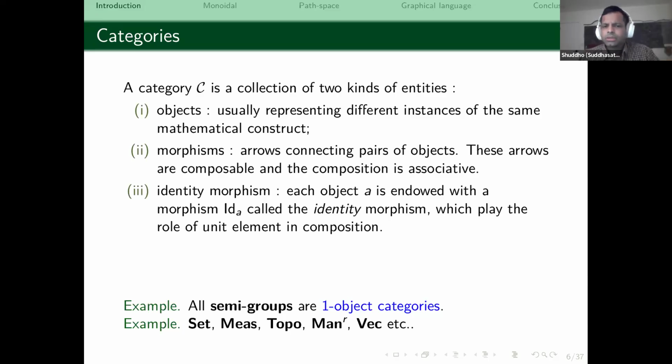Similarly, if I impose some more structure on these sets, which means also on these maps, I get different categories. So Meas represents the category of measurable spaces. The objects are measurable spaces. The morphisms or arrows are measurable maps. Top is a collection of topological spaces and continuous maps. Manifold R is a collection of R-dimensional manifolds and C^r smooth maps. Vec is the collection of vector spaces and linear maps, and so on.